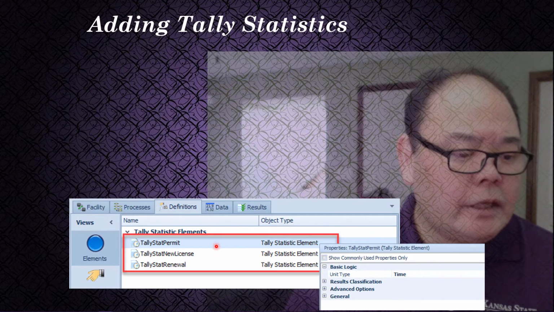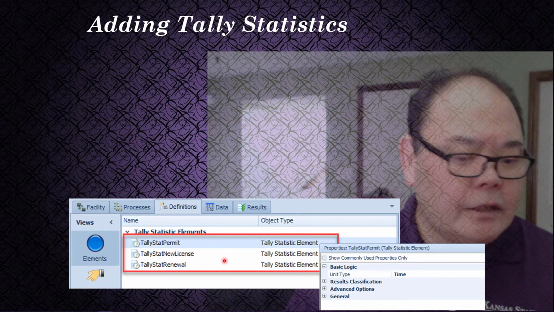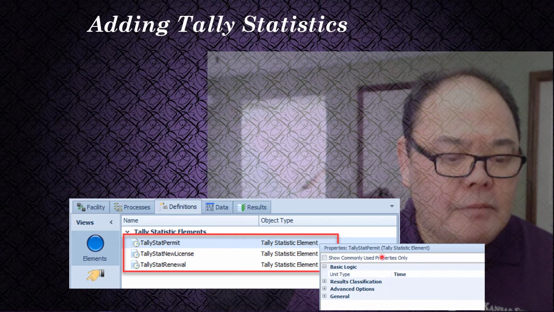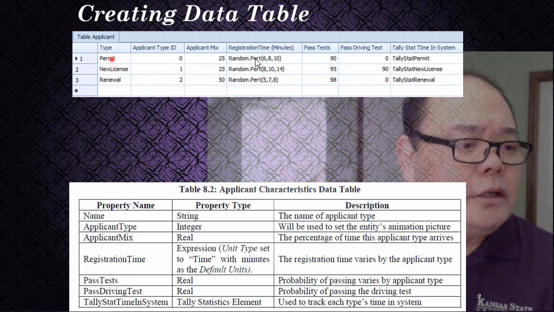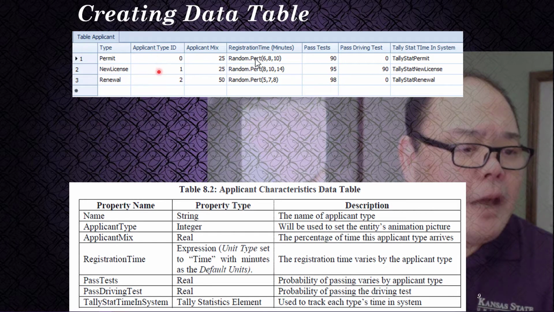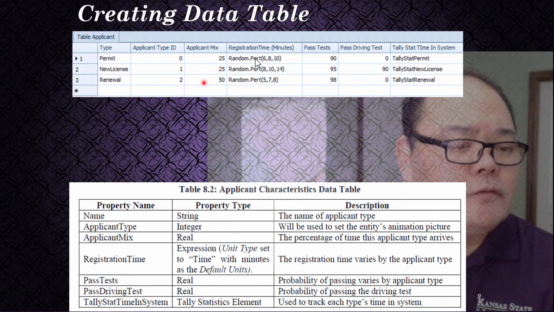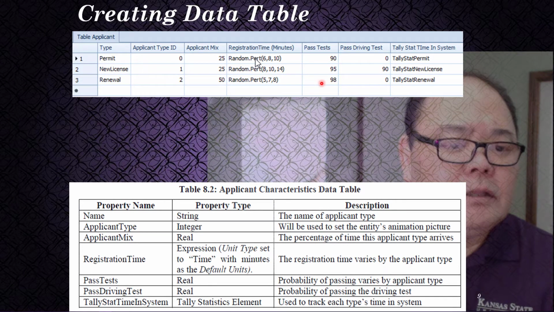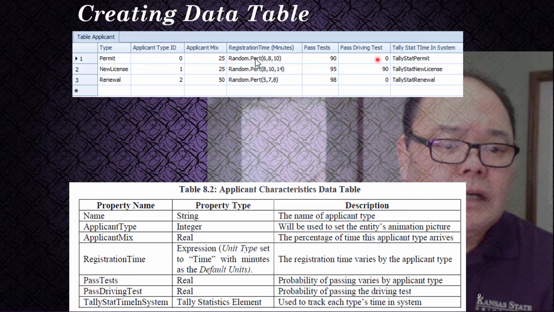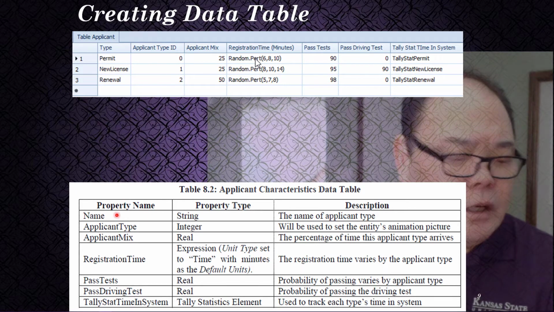Okay. We're adding a tally statistic using time as the unit type. And then we create a data table, just as we did before, okay? The type of applicant, the applicant ID, the mixture of the applicants incoming, the registration time, the passing probability for the written test, the passing probability for the driving test, and which tally statistic we use.